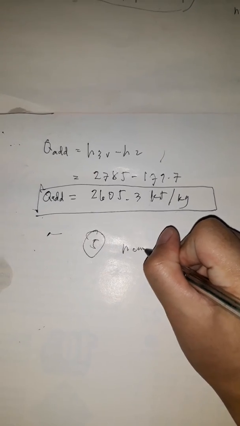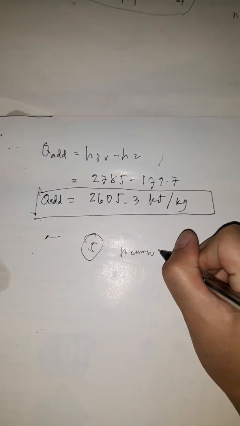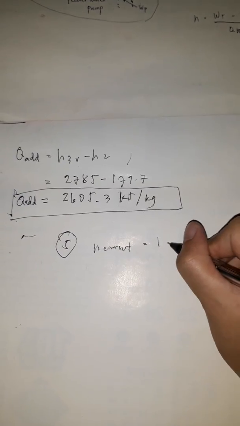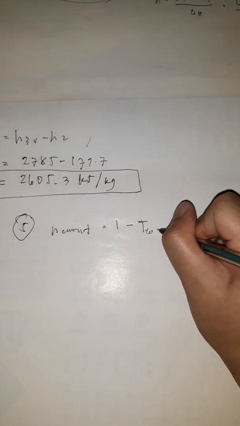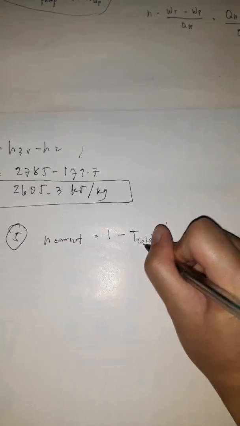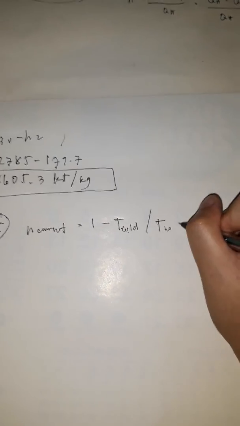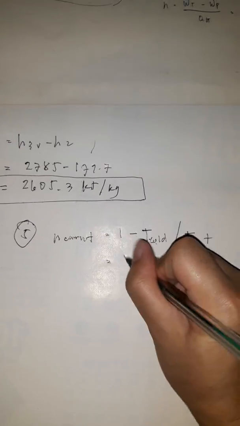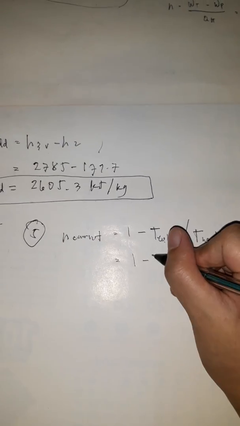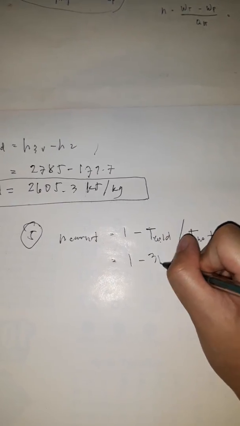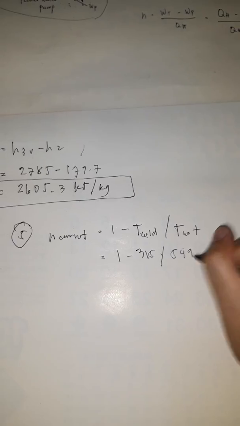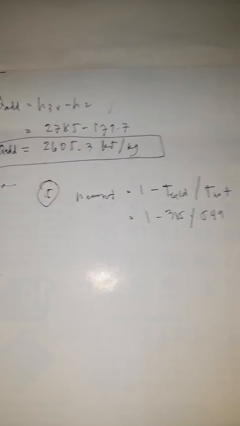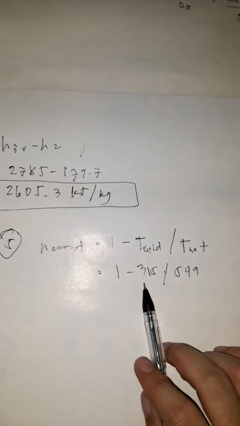The Carnot efficiency is equal to 1 minus temperature cold over temperature hot, which is 1 minus temperature cold, which is 315, 549, which is the temperature cold.